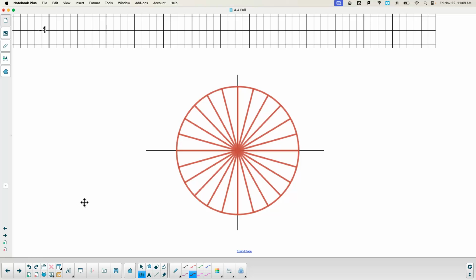It is divided up into how many degrees? What's it divided up into?